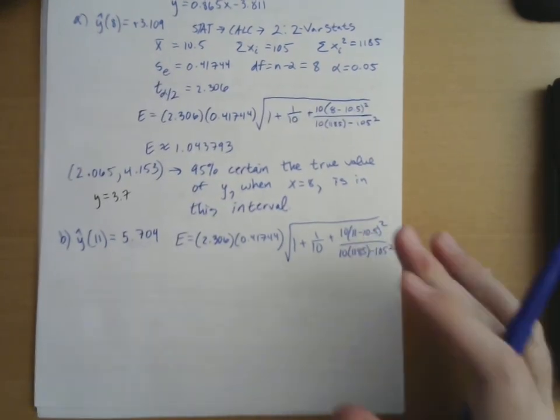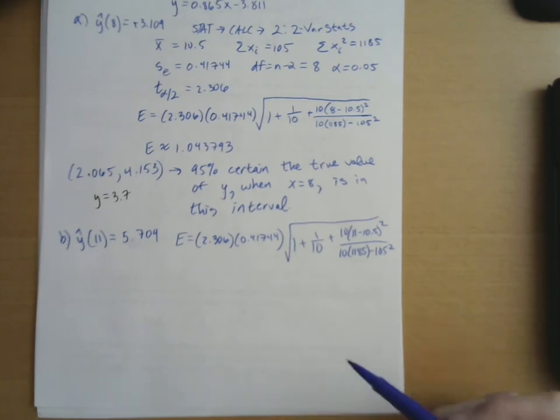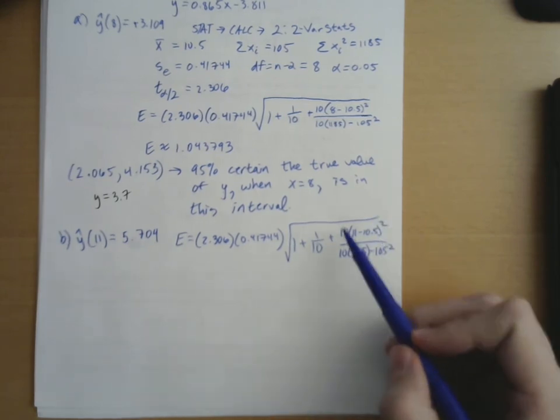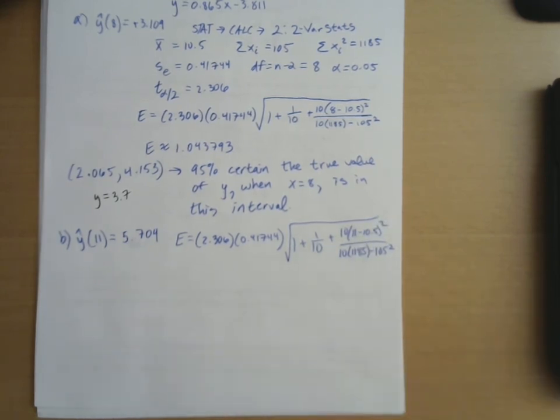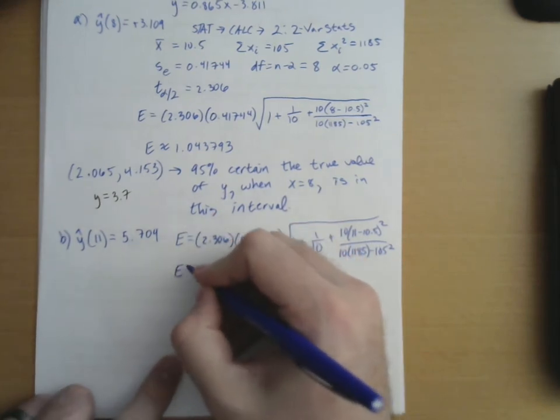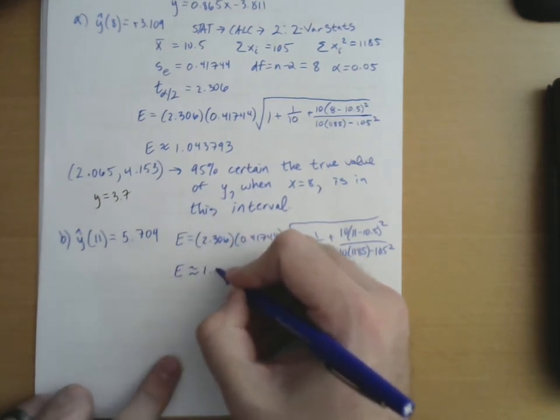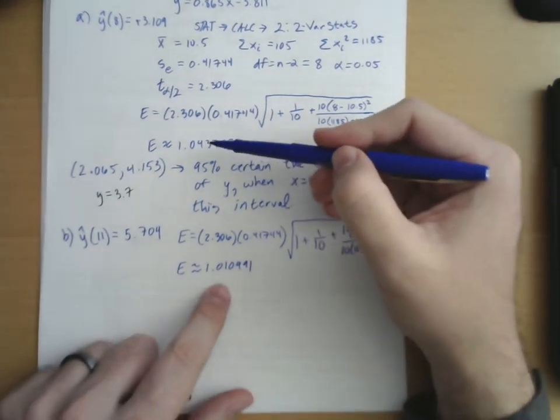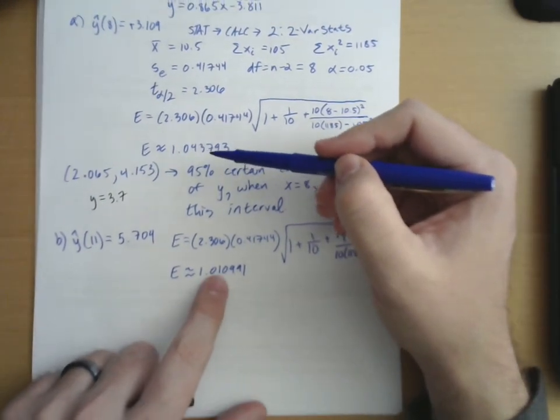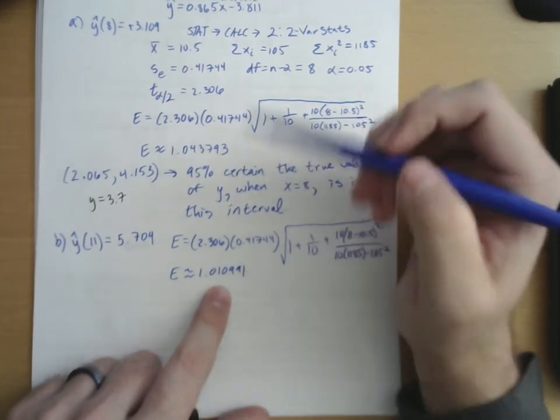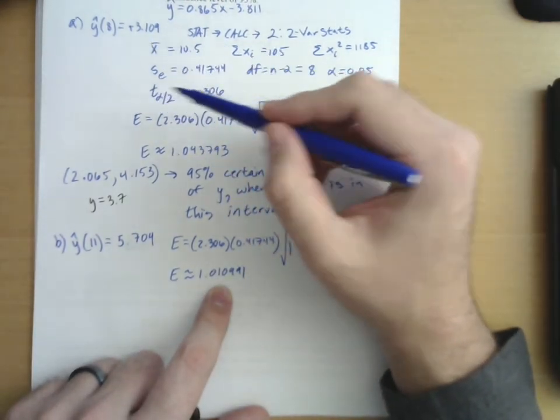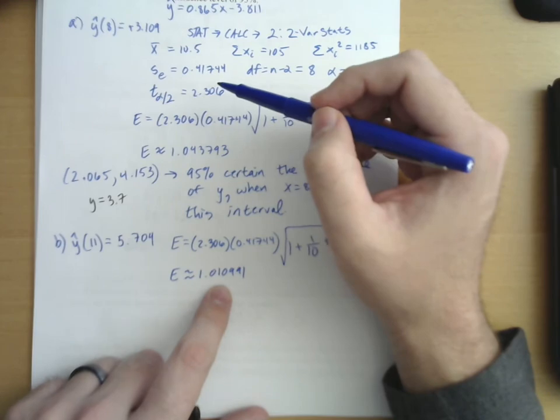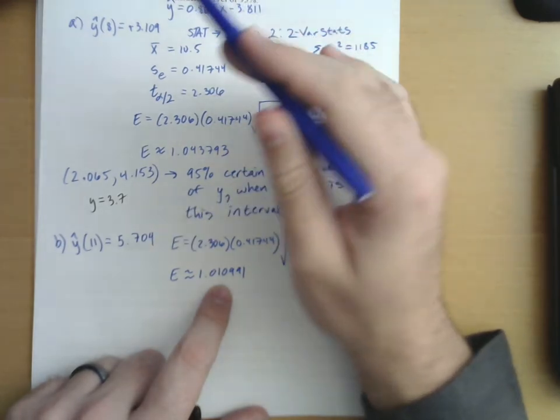So if you punch that into your calculator, you can do second entry and just switch that 8 to 11, or put it back in. And our error here then is 1.010991. So you'll notice it's a little bit closer. So just looking at the error difference, my guess is that our standard error estimate is going to be closer for this value than it is for that value.